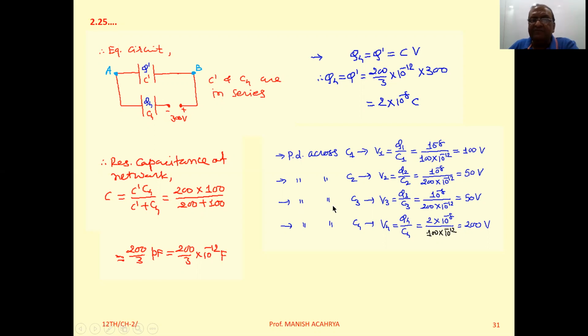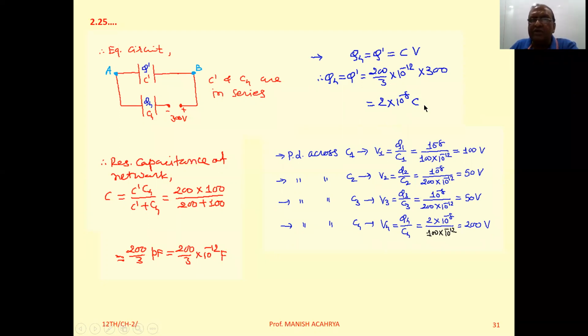Then potential difference across C3, V3 equals Q3 by C3, that is 10 raised to minus 8 upon 200 into 10 raised to minus 12. Again the same, 50 volt. Then potential difference across C4, V4 equals Q4 by C4.